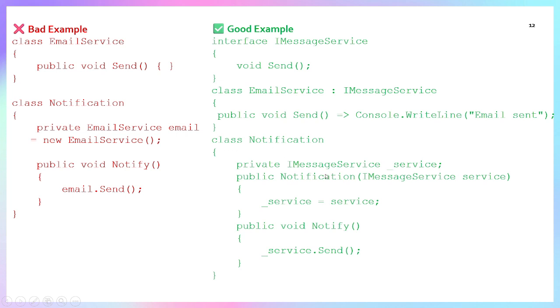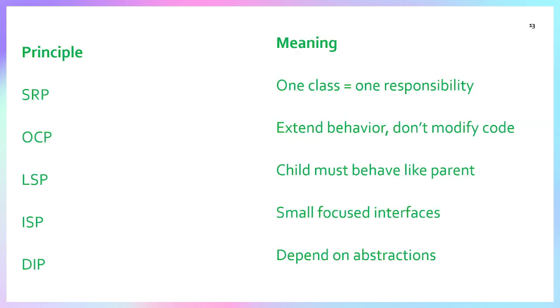In the class notification, IMessageService notification, send that notification from here as well. Because that service, IMessageService are there and we are using send message, and public void notify service dot send. Right. So this is the way a big class should depend upon the abstract class. Now, here is the SOLID principle.